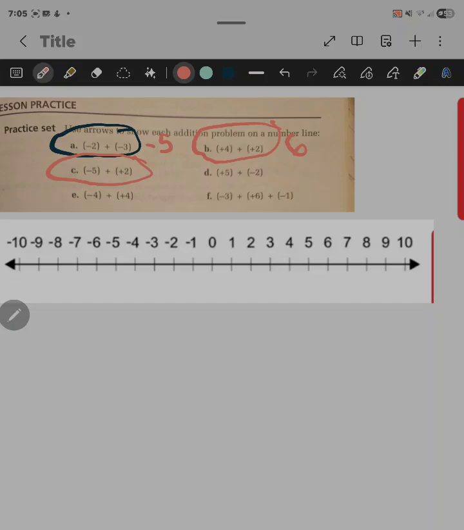So we're going to start out at -5. That's right there. And we're going to add +2. So whenever we're adding a positive number, we move to the right. So 1, 2. So where did we end up? -3. Okay. All right.